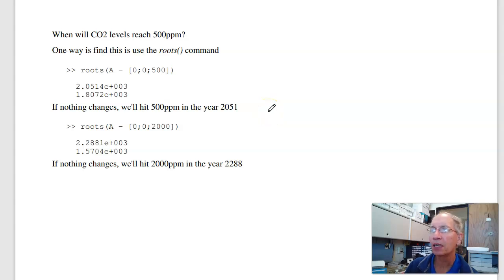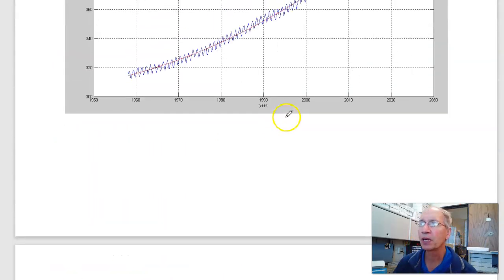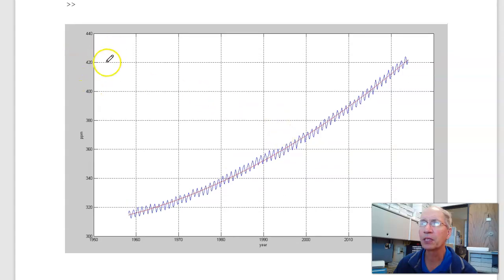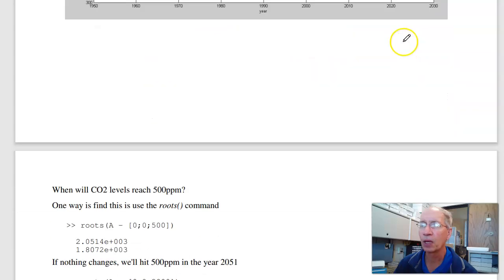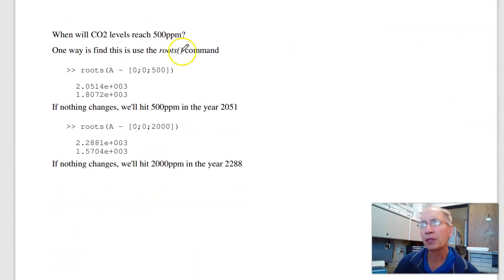Once you have the fit, I can answer questions, such as when will the CO2 levels reach 500 parts per million? Back in the graph, I can see the curve. Here's 420, 440, and 500 is up here somewhere. Well, in Matlab, there's a roots command. Roots finds where the function equals 0. I don't want roots equal to 0, I want roots equal to 500.